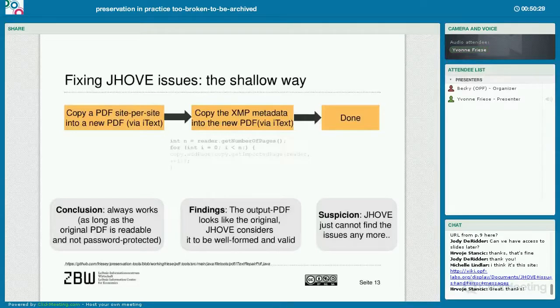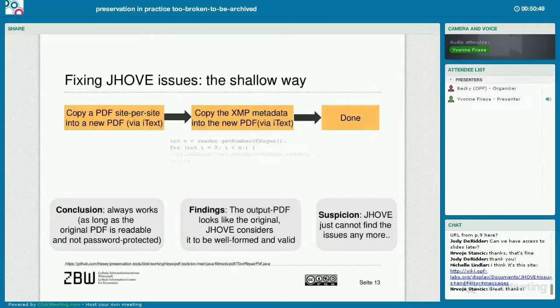And this always works as long as the PDF is not password protected, because iText won't edit any PDF which is password protected, at least not the library I'm using. The output PDF always looks fine. It looks exactly like the original file.